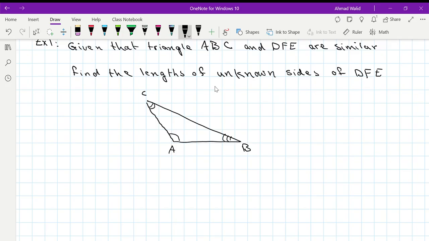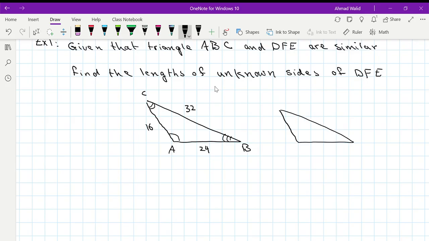This side is given 16. This side is given 32. And this side is given 24. They give you another triangle similar to this. They already mentioned in the problem that they are similar. Correct?